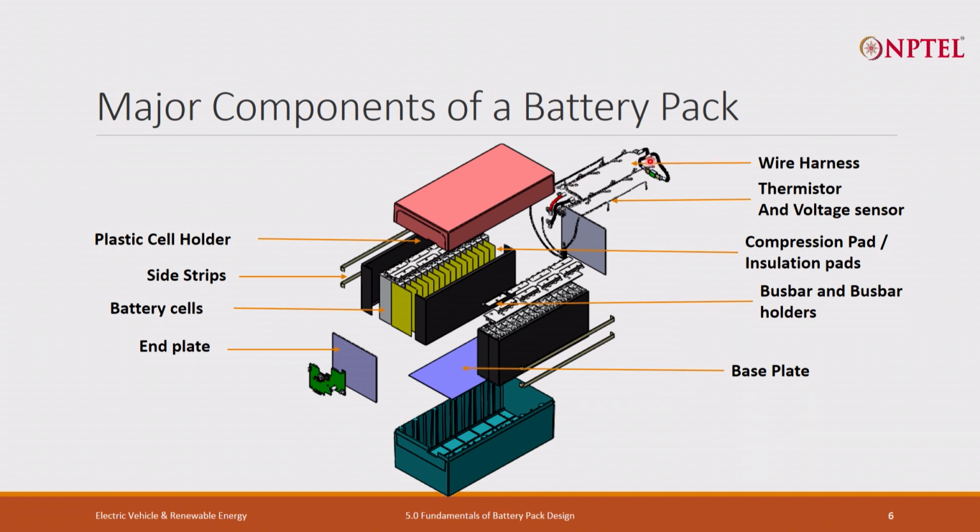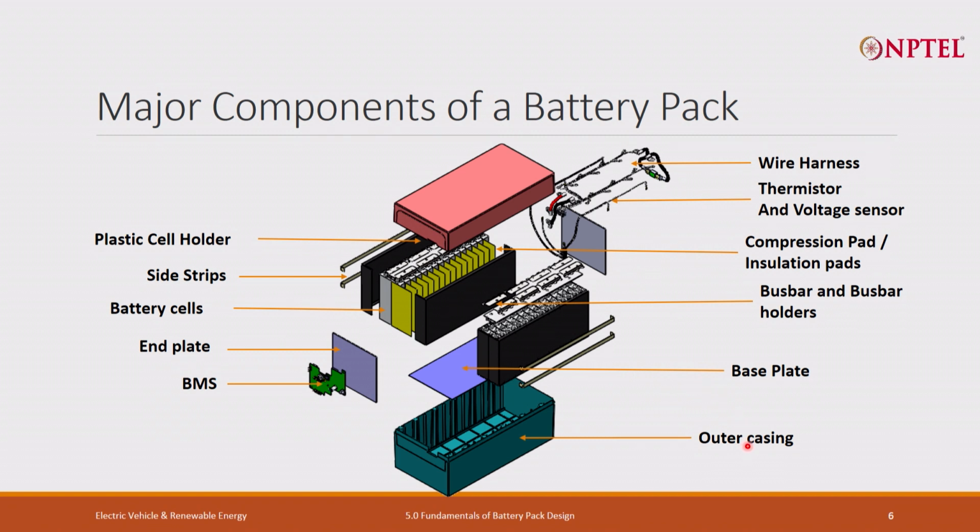Then we have wiring harness for monitoring as well as for efficient power delivery from the pack. Then we have a BMS. All these sensors are connected to the BMS, which keeps monitoring each and everything of the battery pack.